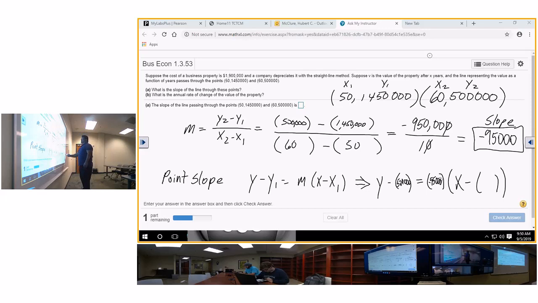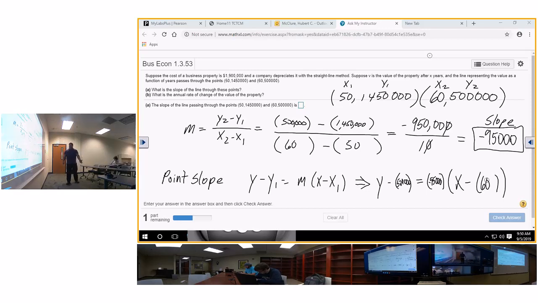And this is going to be 60. Now, why did I pick the 500,000 and the 60? Easier. Keep it simple, KISS method. You're not going to pick the biggest number. Don't pick the big number, okay?